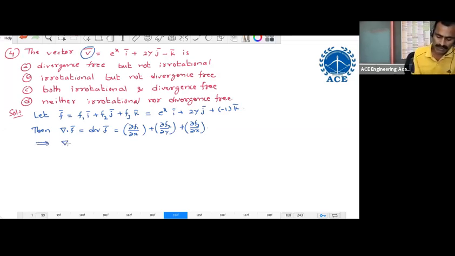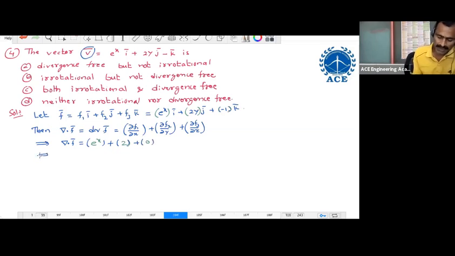So del dot f bar equals: f1 with respect to x is e^x, plus f2 with respect to y is 2, plus f3 with respect to z is 0.